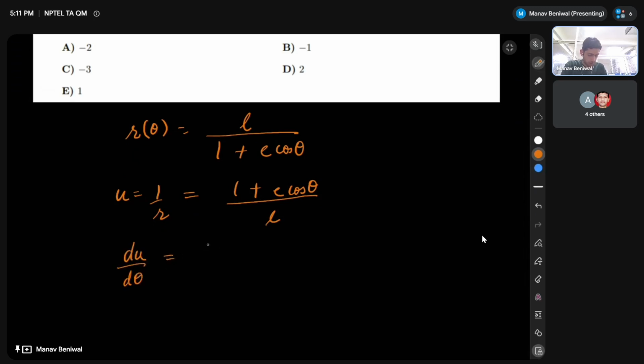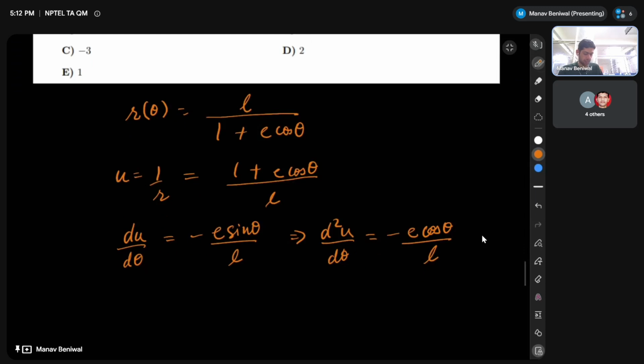That will be simply minus e sine theta over L, right? And this implies my d two u by d theta squared is nothing but minus e cos theta over L.